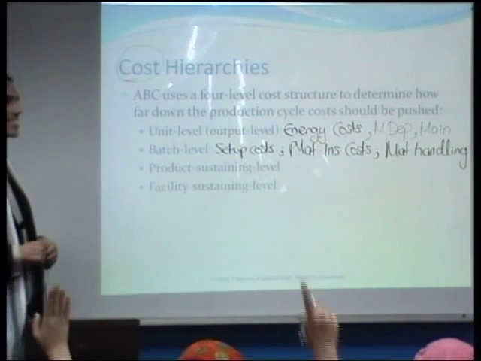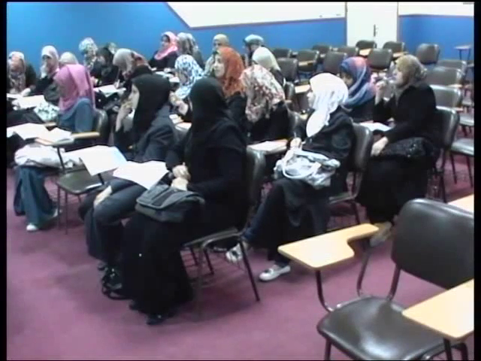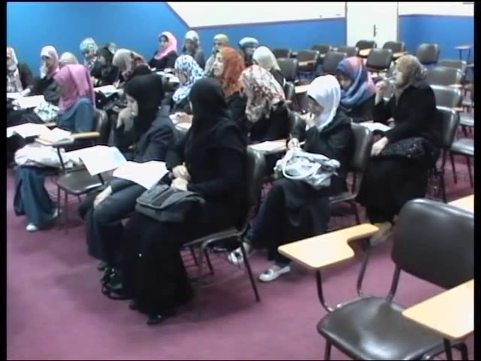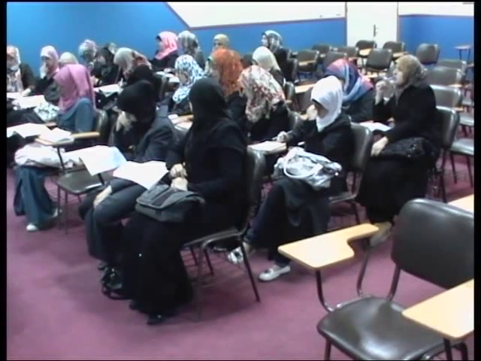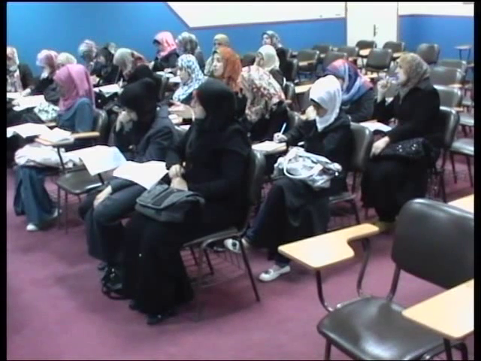Let us go down to the third, product sustaining level costs. What do you mean by product sustaining level costs? Product sustaining or service sustaining cost: the cost undertaken to support the individual product rather than the number of units. Excellent.